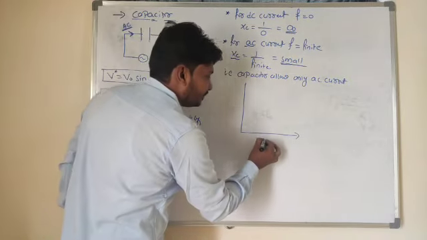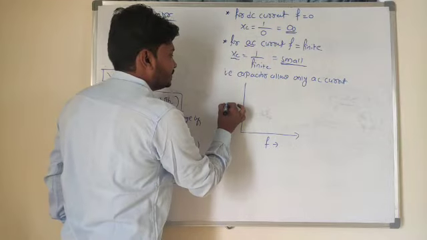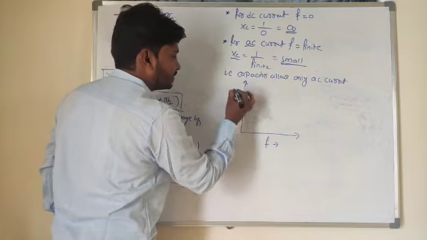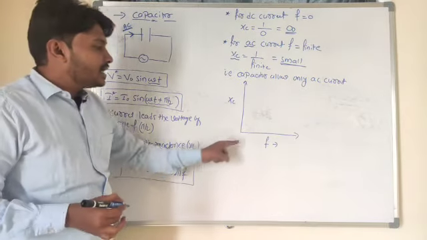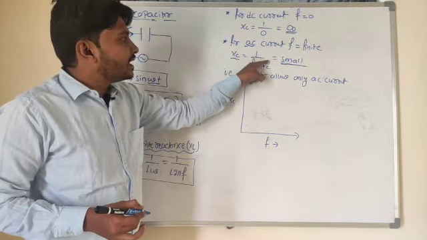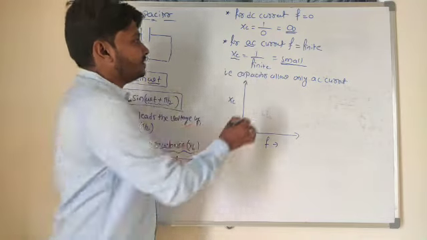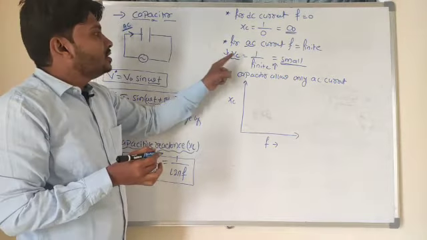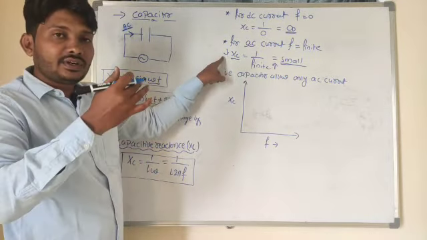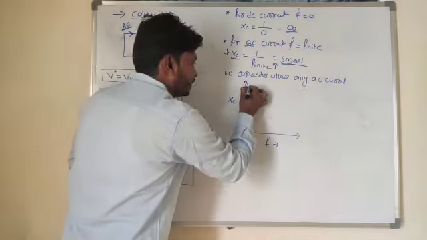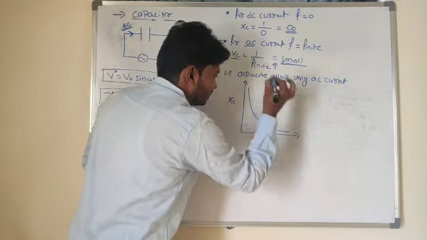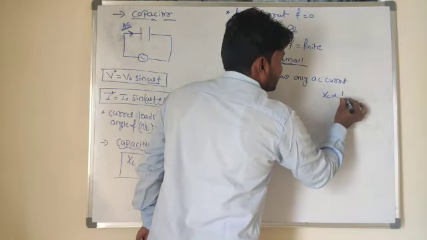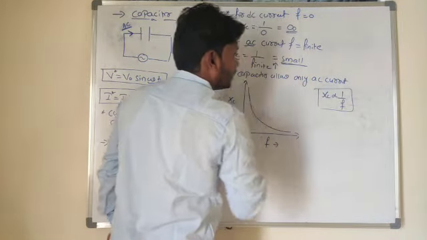Okay, so now let me understand the graphical nature for the capacitor: frequency versus capacitive reactance. Look here, capacitive reactance is inversely proportional to frequency, so as the frequency increases, the capacitive reactance decreases. So this is the nature of the graph.